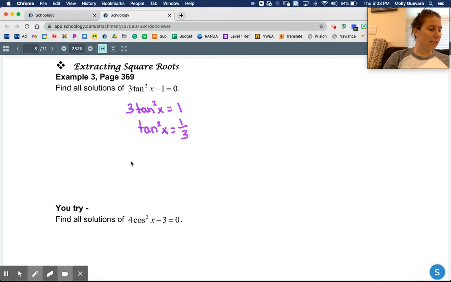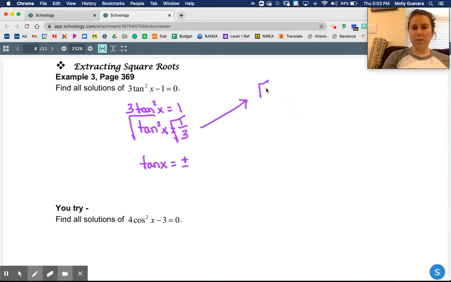And then when I take the square root, a couple things happen. 1, I get tangent of x on the left. And then plus or minus, that's always automatic, plus or minus, right? And then let's do this over here. So square root of 1 over 3.